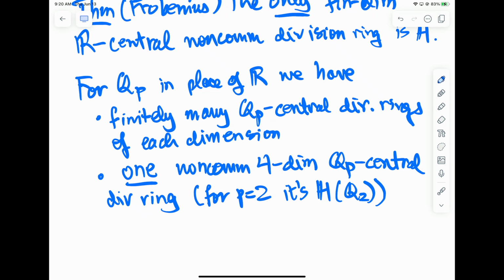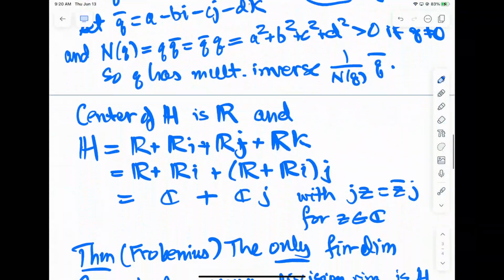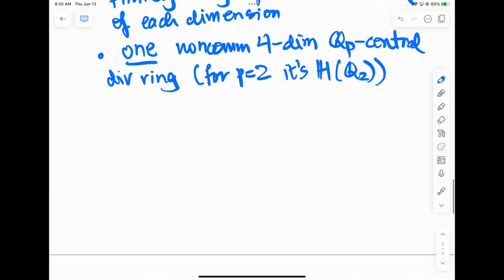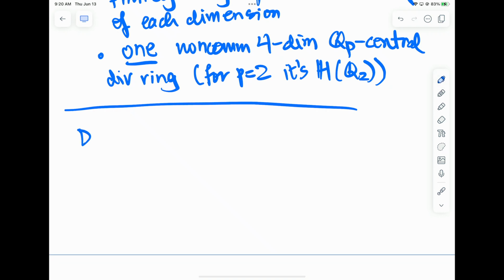So what I want to look at now is division rings whose center is the rational numbers, okay? And we want to jazz up the construction of the quaternions to a more general thing. So let's do that now. I'm going to tell you the definition of a quaternion algebra over a field.